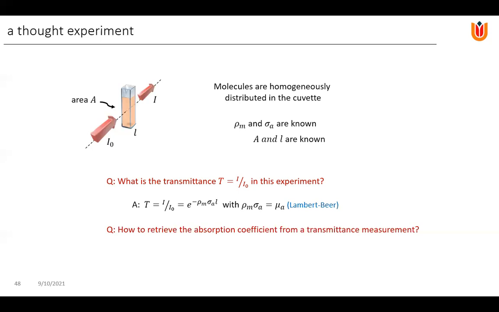Like I said, it's a little bit insulting, but you do the measurement, you measure I, you measure I0, then you have the exponential, you take the natural logarithm, you take minus that value, and then you divide by L, the length of the cuvette, and then you get your mu A. That is the process. If you don't know the absorption coefficient, this is the way that you would have to go to get it.